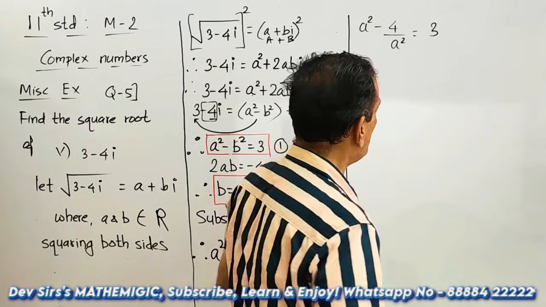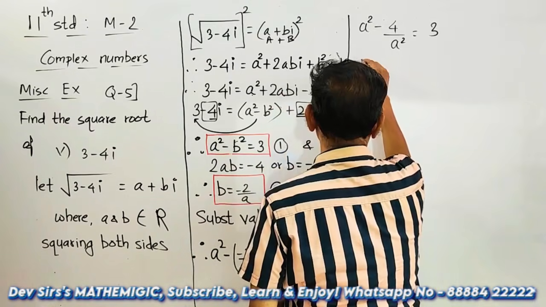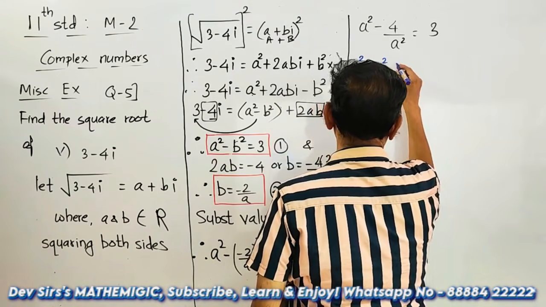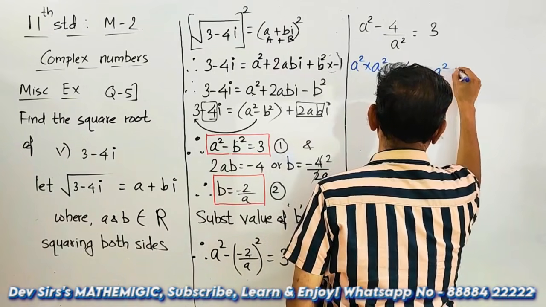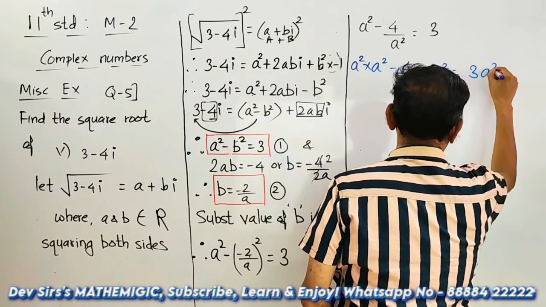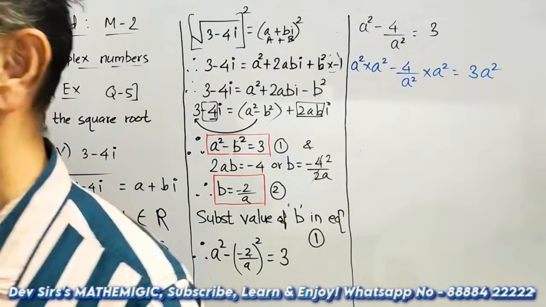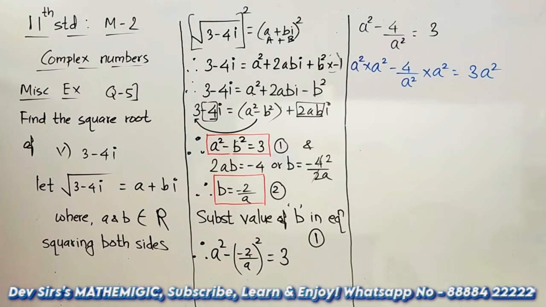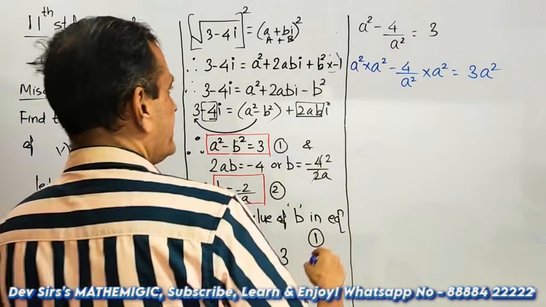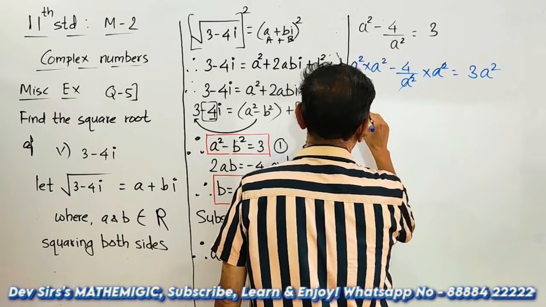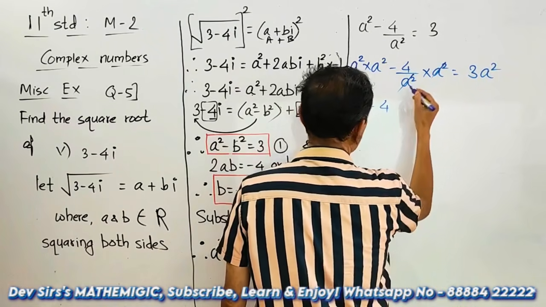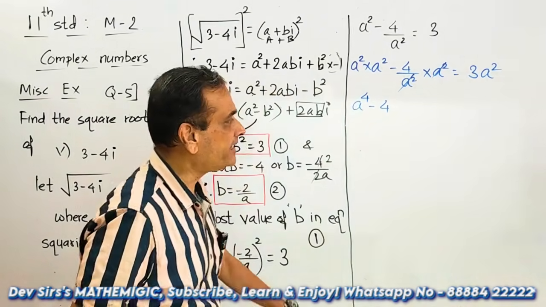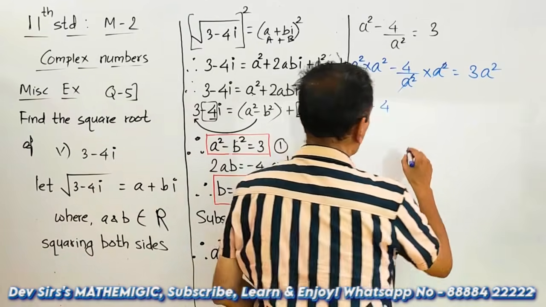I don't want a squared in the denominator, so a squared into a squared, multiply each term by a squared, and the 3 also gets multiplied. The a squared gets cancelled. a raised to 4 minus just 4, a squared has gone, a squared into a squared, a raised to 4, equal to 3a squared.